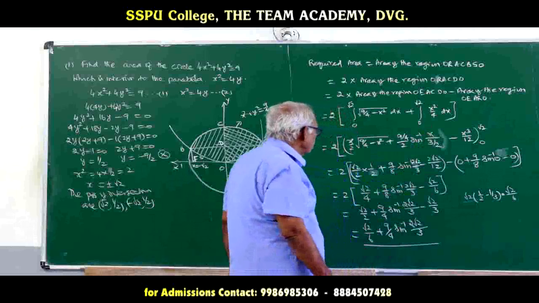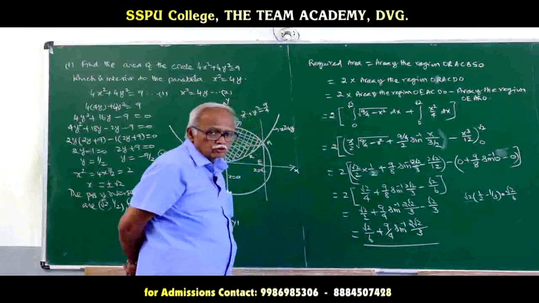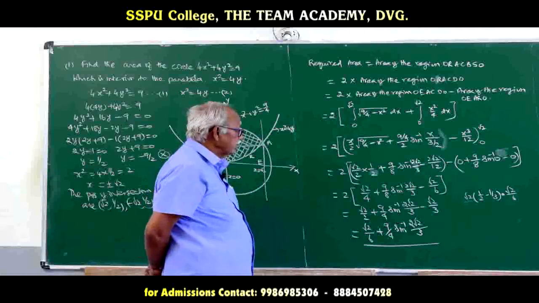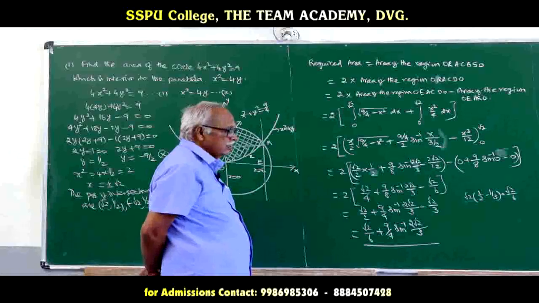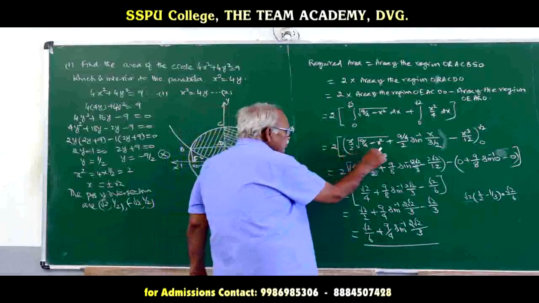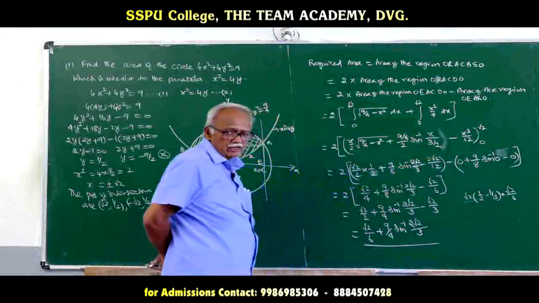Now, apply the formula: x by 2 square root of 9 by 4 minus x square plus 9 by 4 by 2 sin inverse of x by 3 by 2 minus x cube by 12. That is x by 2 into root of a square minus x square, plus a square by 2 into sin inverse of x by a.